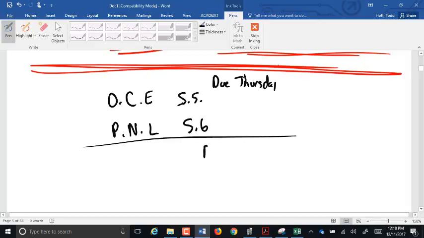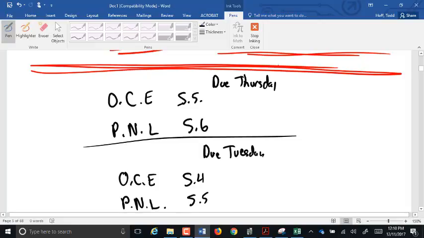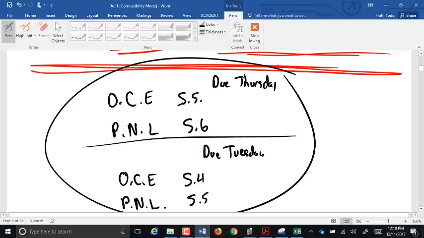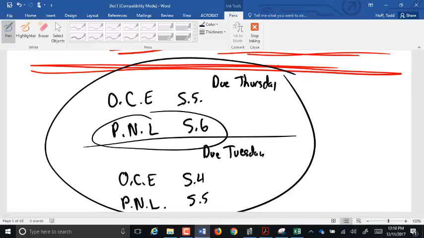Then, of course, due from last class, it'll be due tomorrow, Tuesday, is we have the out of class exercises from S4, and then the PNL for today for S5. This PNL for S6 will be our last PNL of the semester. So then we should be just one more out of class exercises and we're done with homework for the year.